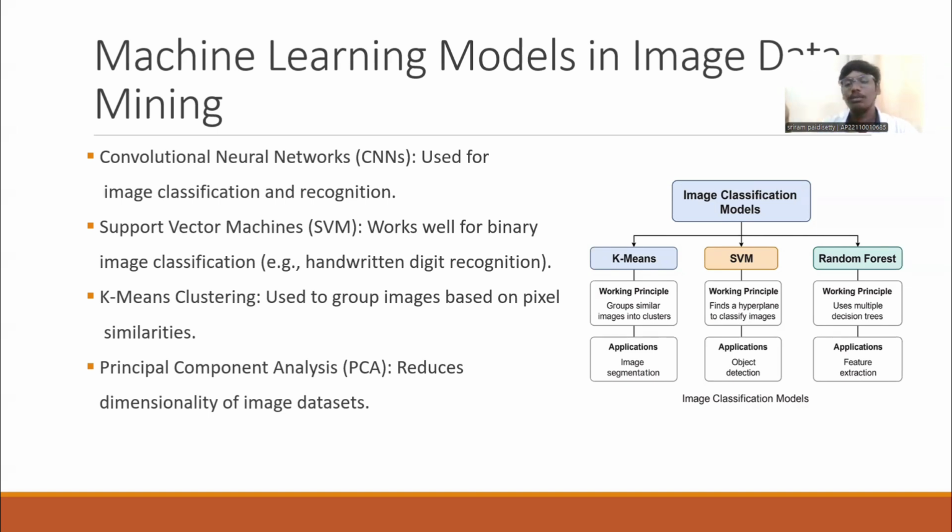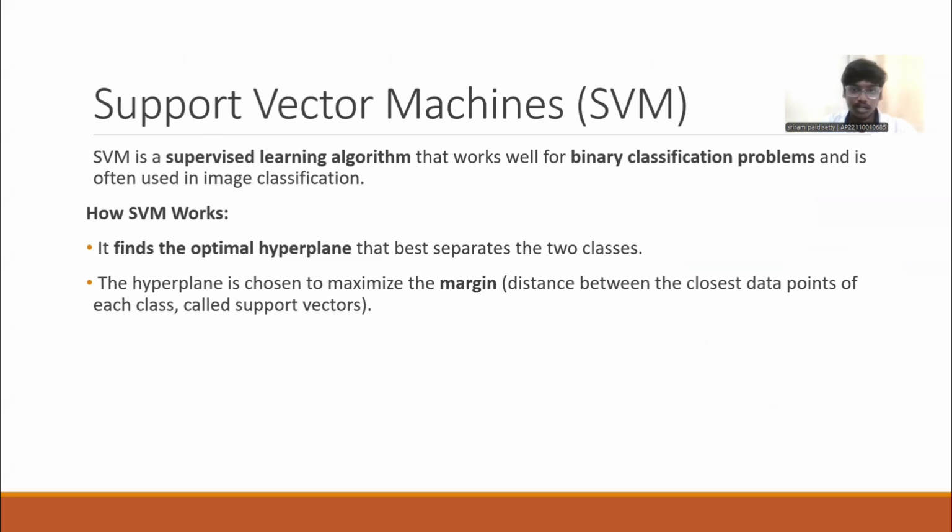Often used in medical images and satellite image segmentation. And the fourth one is PCA, which is also known as principal component analysis, reduces dimensionality of an image dataset, which is helpful in compression and visualization of the image. We'll go deeper into the models and then go to the Python.